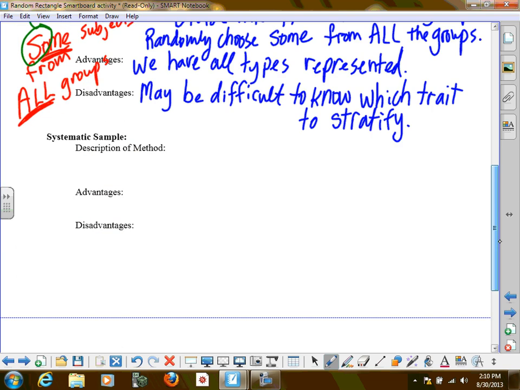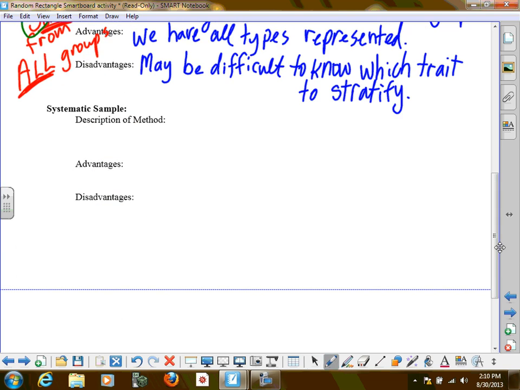Okay, next, systematic. The key that gets frequently missed with systematic is that you start with a random spot, and then you choose. What do you do with the systematic?